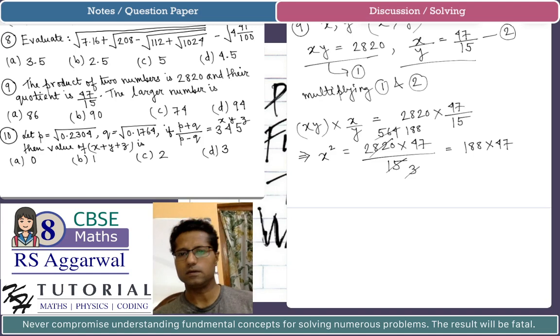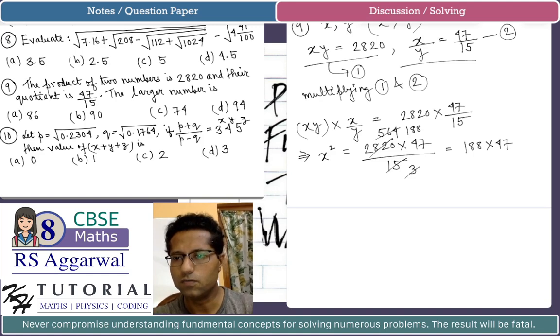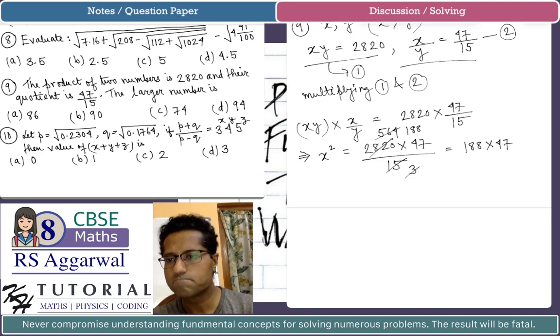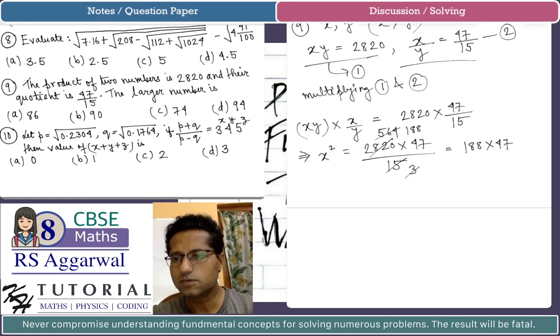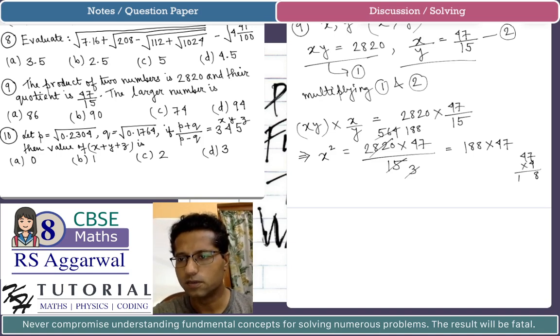How do we find x? We have to find the square root of 188 times 47. Now will 47 divide 188? 47 times 4, 28, 16. Okay. So 188 is nothing but 47 multiplied by 4.